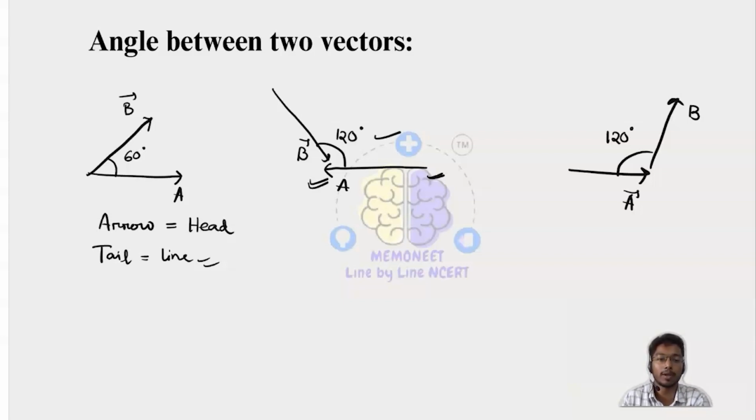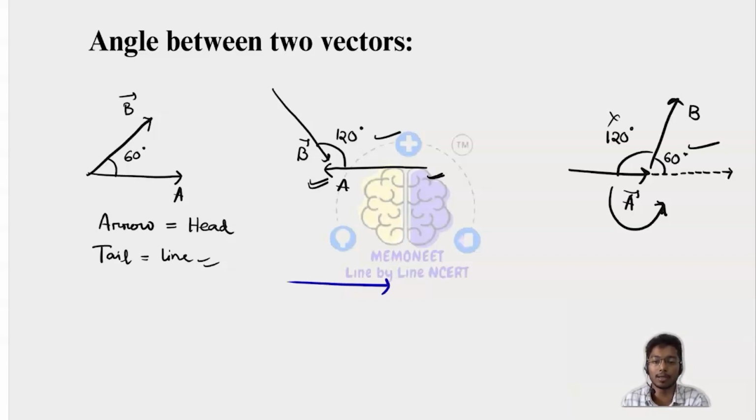Let's say we are displacing the a vector, so we will move the a vector forward. So the a vector will be like this, and the angle between a and b now will be 60 degree. So this is what we will tell: the angle between the a and b vector is 60 degree, not 120 degree.